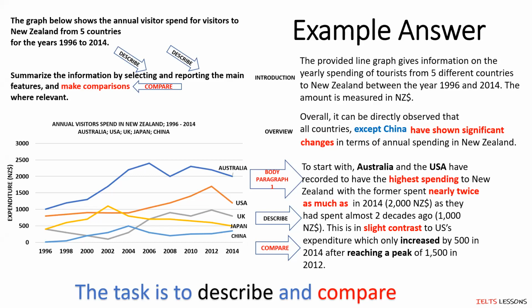We will not use these in writing task one, because our main job is to compare, not to add information. I repeat, our students' main job is to make comparisons to describe. So our main task is to describe and make comparisons. That's it.